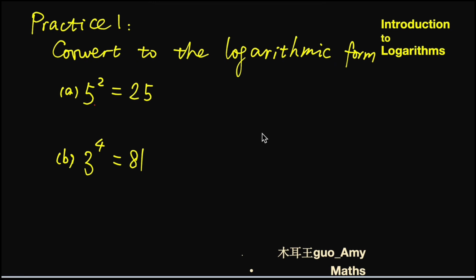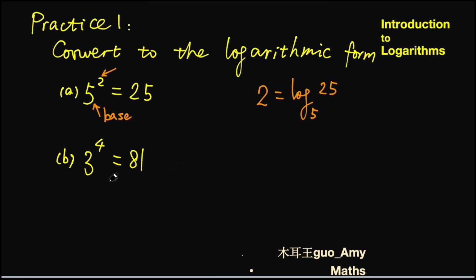Now let's practice how to convert the exponential form to the logarithmic form. Firstly, we have 5 squared equals 25. Here, number 5 is the base and 2 is the exponent. Using the logarithm, 2 is equal to the logarithm of 25 to base 5.